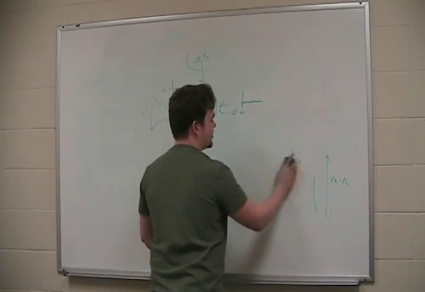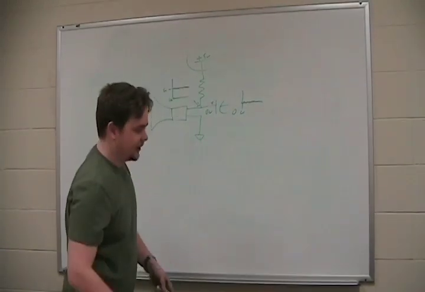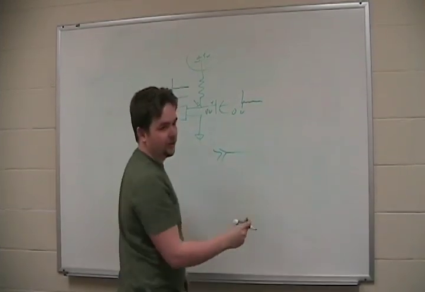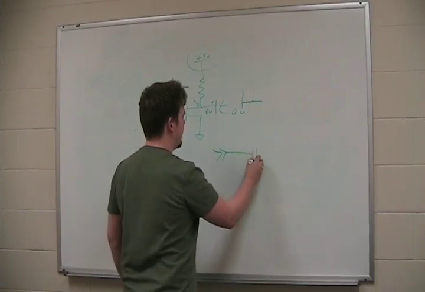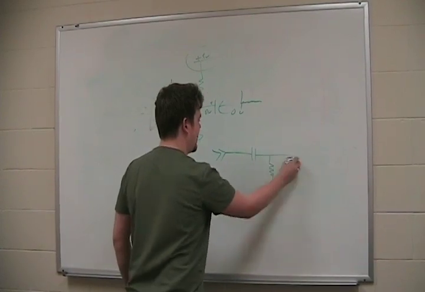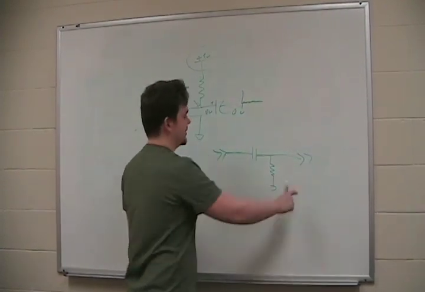Now, knowing that capacitors can pass AC and not DC, say we've got an input, and we'll get into filters later, but this is what's called a high-pass filter. Signal in, signal out.